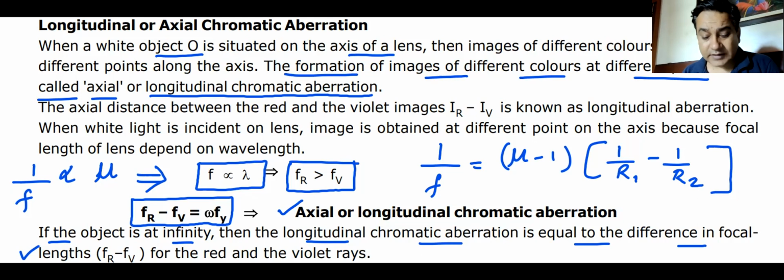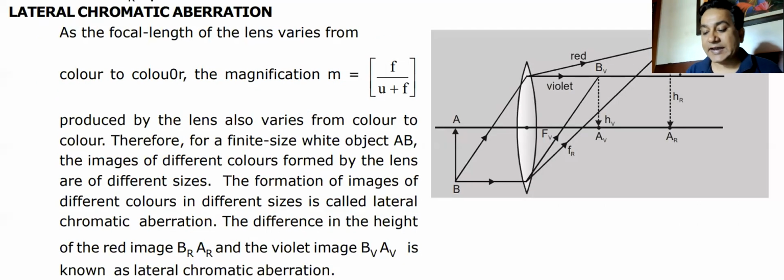Whenever we have something along the axis, it is normally known as longitudinal or axial, in optics as well as in other branches of physics. Now, if there's something along the axis, there must be something on the perpendicular line. That aberration is known as lateral chromatic aberration.